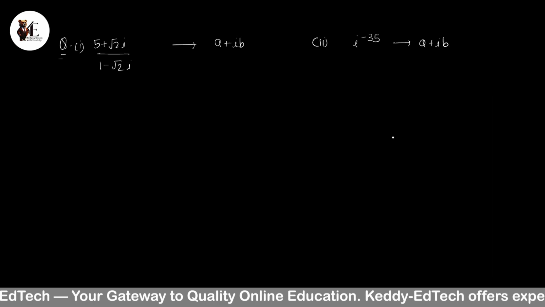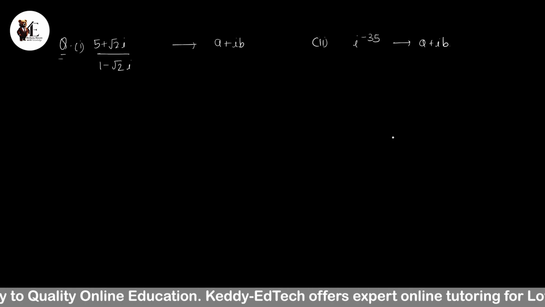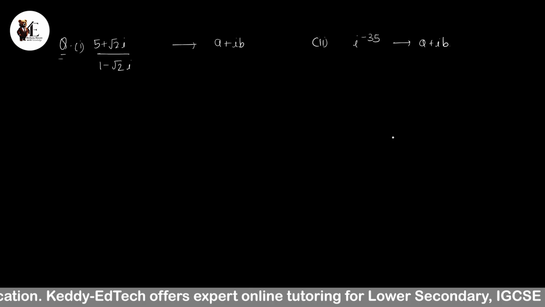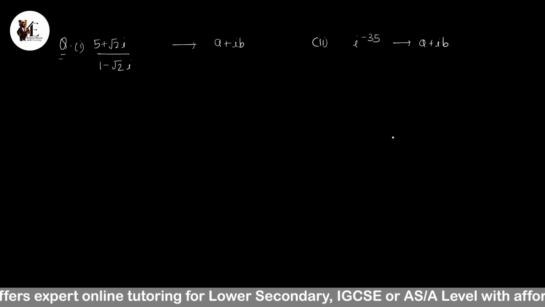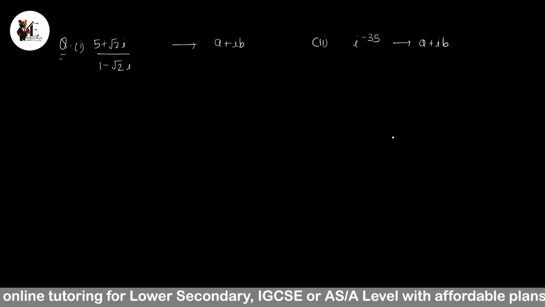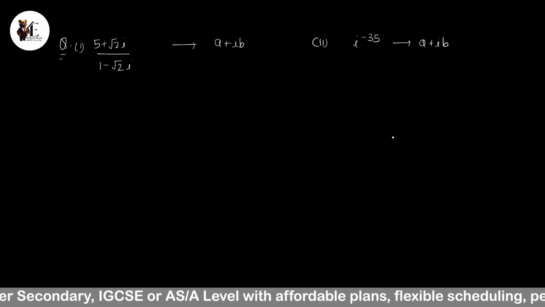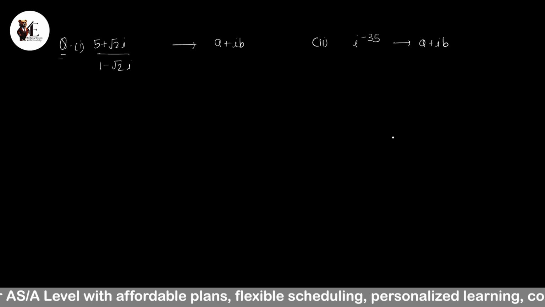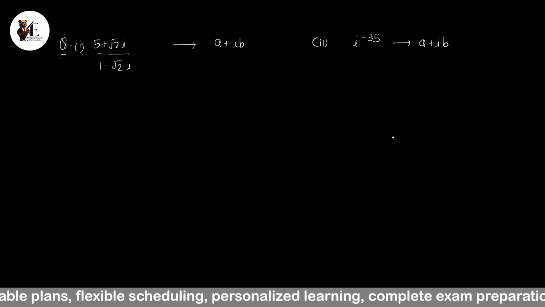I'm not very sure how to divide them. Okay, so do you know the concept of rationalization? Yes. So you have to do rationalization because there is a root present in the denominator. So the first step will be to do the rationalization. Then you will be able to get the formula.